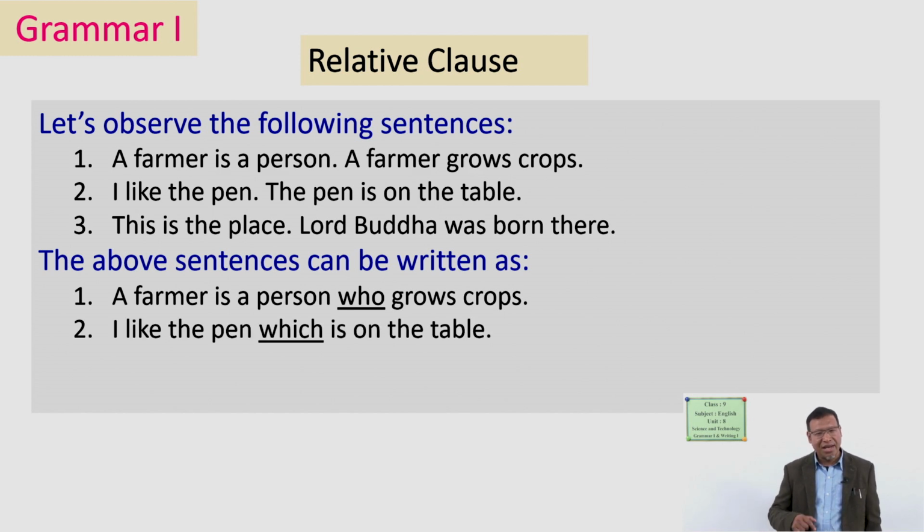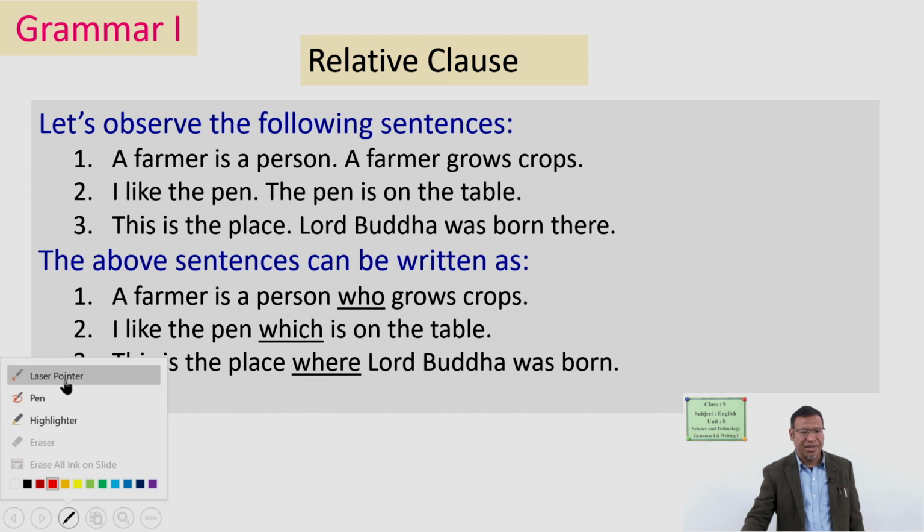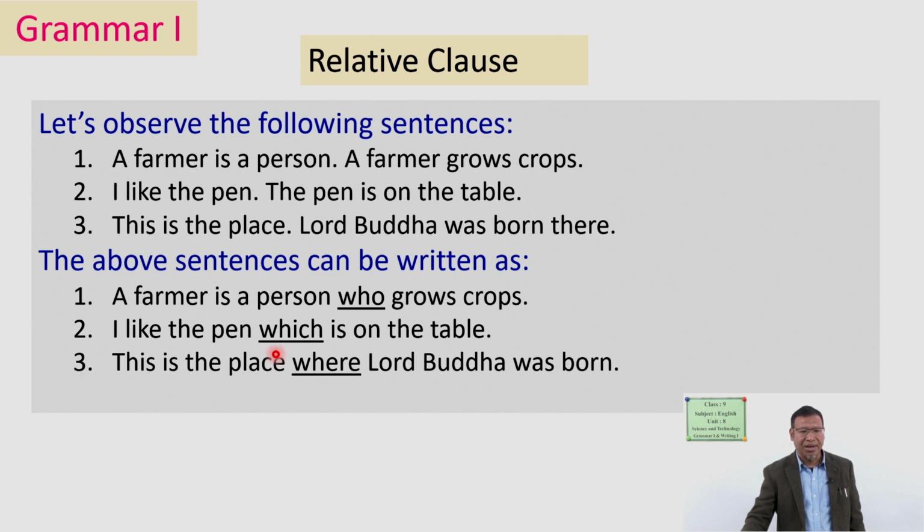Similarly, I like the pen which is on the table. Likewise, this is the place where Lord Buddha was born. So in this way, the sentences above have been connected with the help of the words who, which, or where. These words are used to form the relative clause. Let's go ahead.